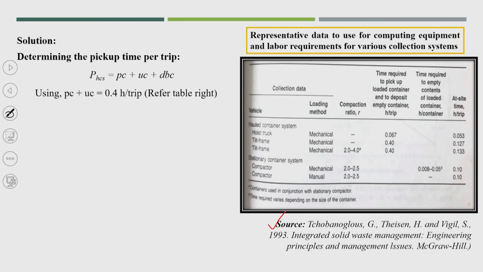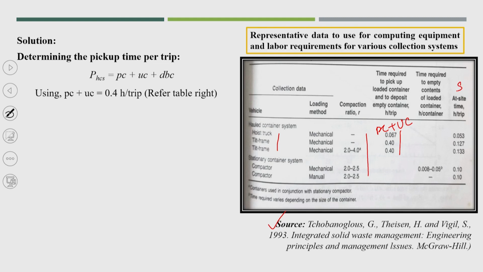This book has given this data where for different kinds of vehicle, it gives the compaction ratio, and the time required to pick up a loaded container and to deposit an empty container. So, this is the PC plus UC value, and the at-site time, that is the S value, is also given.